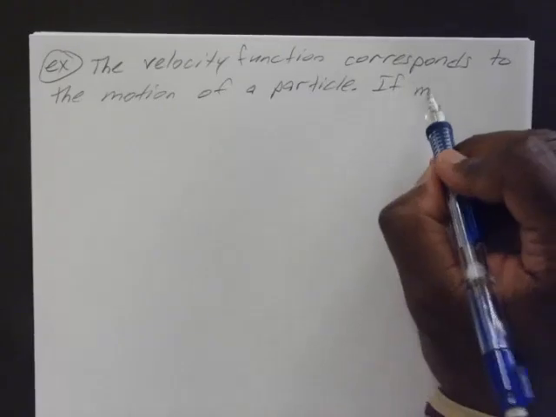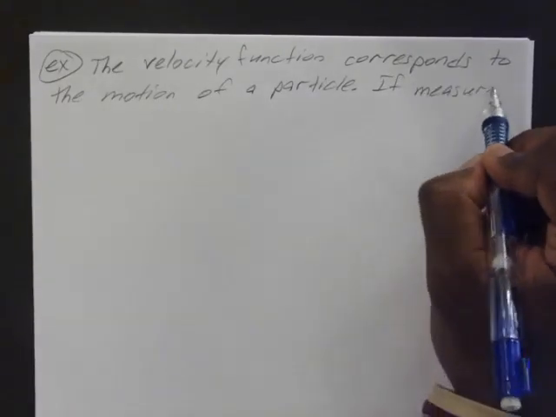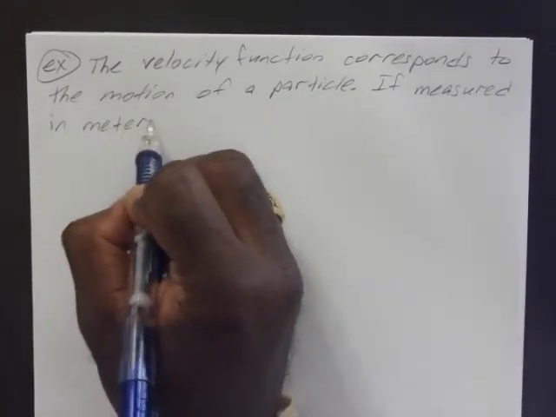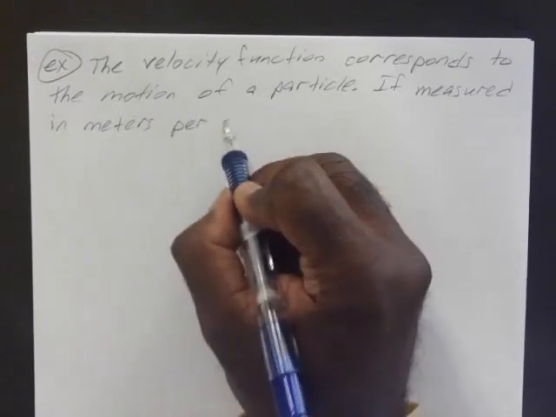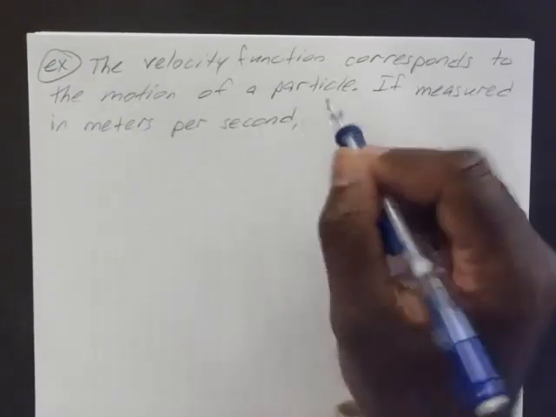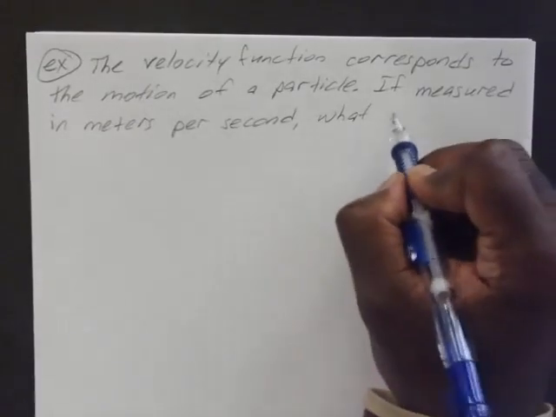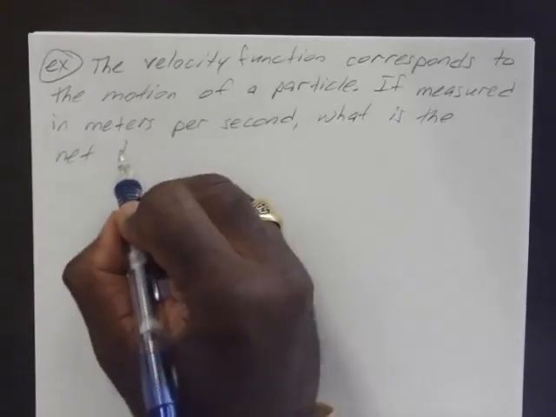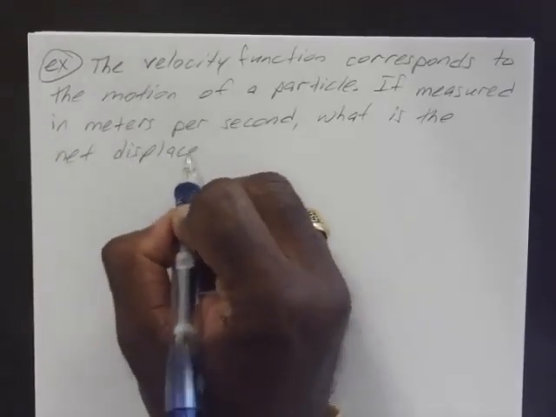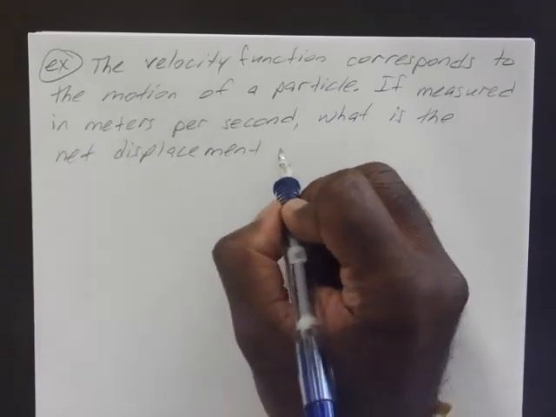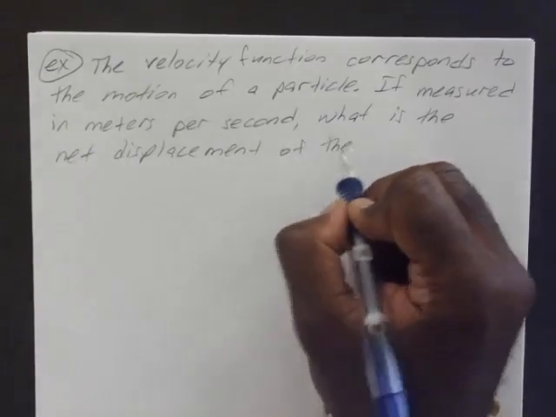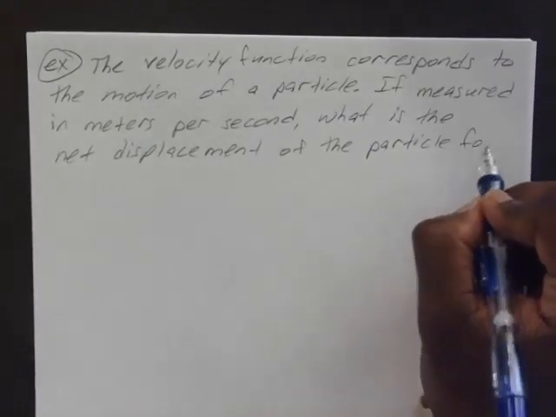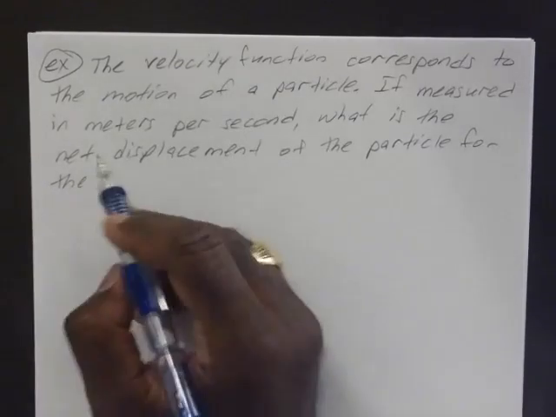Okay, so if measured in meters per second, what is the net displacement of the particle for the first 5 seconds.